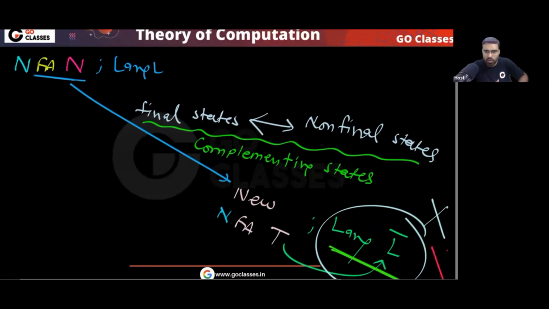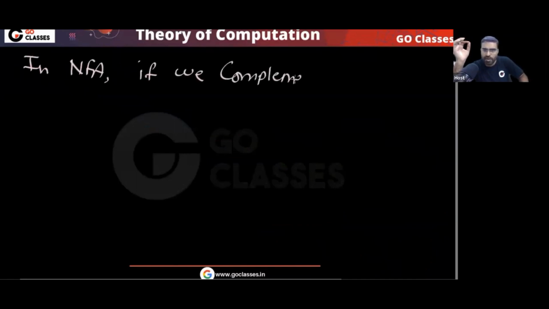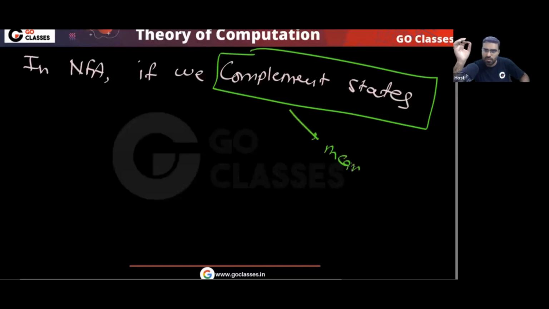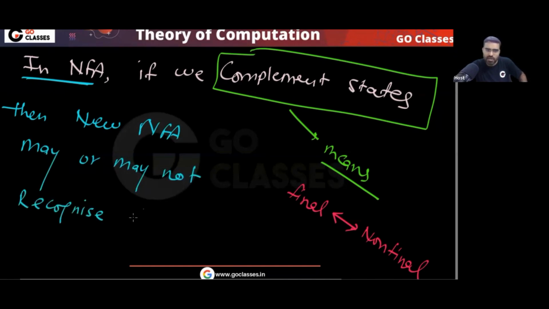So the final thing I want to say is that in an NFA, if we complement states, it means I make all the final states non-final, and all the non-final states final. Then the new NFA may or may not recognize L complement. Means the new NFA's language may or may not be L complement.